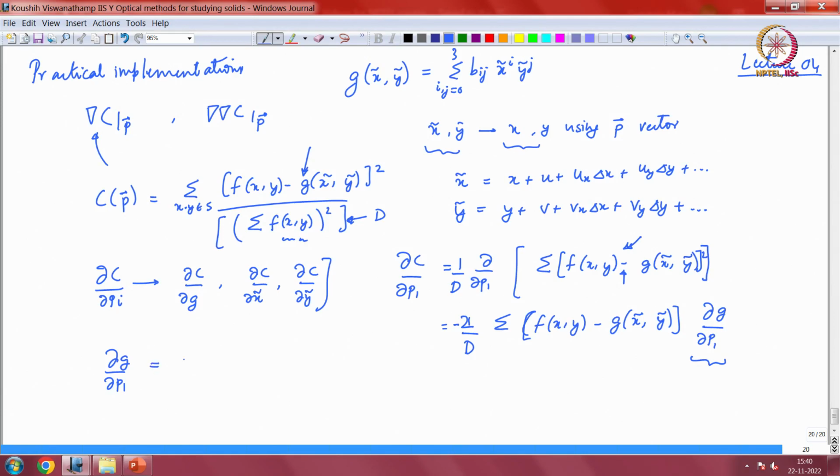So, if you want to evaluate dou g by dou p1, this will be dou g by dou x tilde times dou x tilde by dou p1 plus dou g by dou y tilde times dou y tilde by dou p1, by the chain rule, okay, and dou g by dou x tilde again comes from here. Dou g by dou x tilde will be sigma b i j i x tilde to the power of i minus 1 y tilde to the power j, okay, just the usual way in which you will derive it.